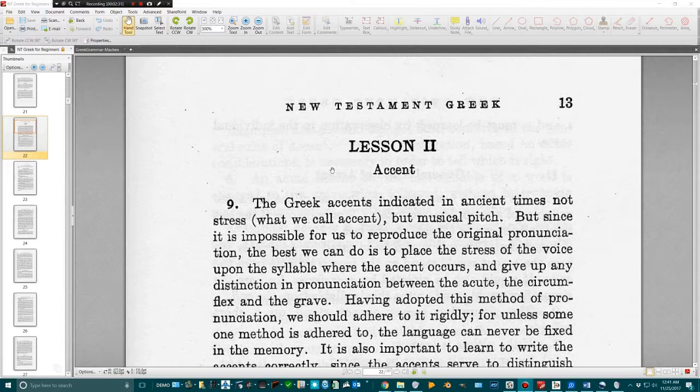With that being said, if you're a casual Greek student and you really are wanting to not get too deep into the Greek language, then what we're going to do is break Lesson 2 up into two parts. The first part, I would highly encourage every single Greek student to study completely.